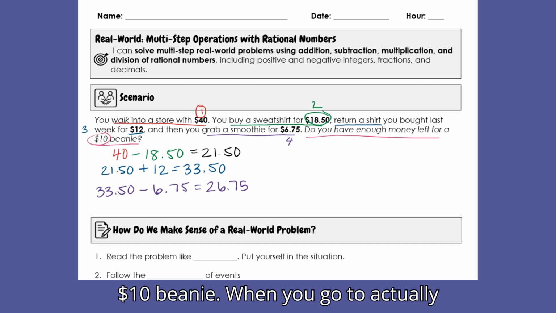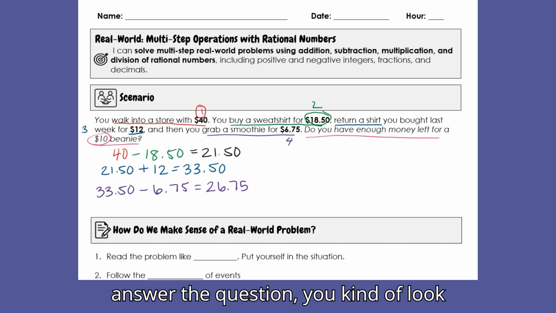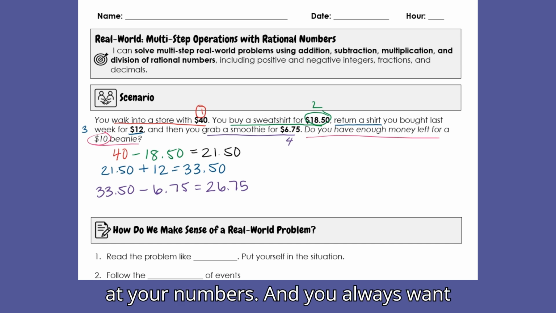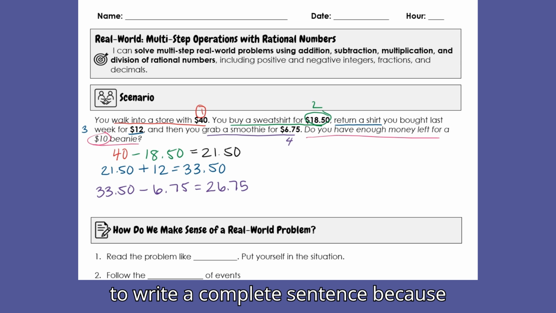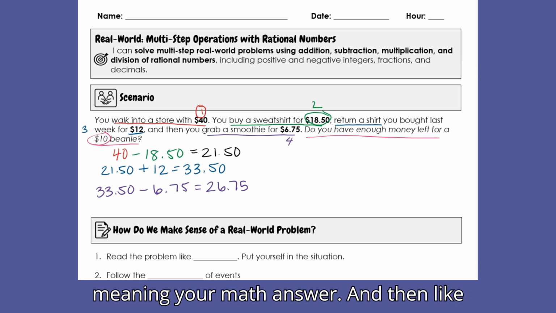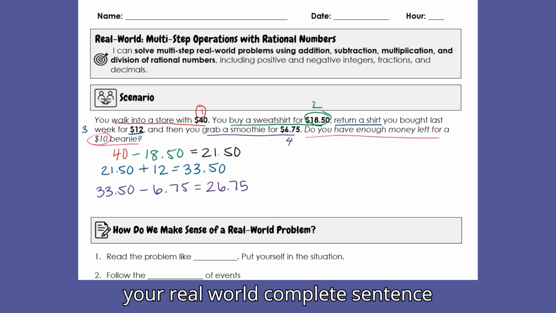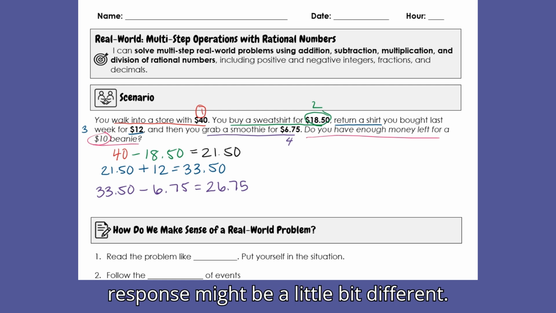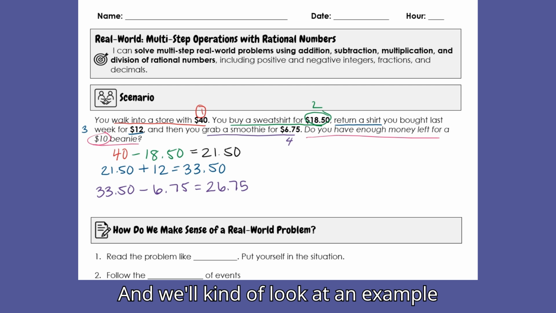When you go to actually answer the question, you look at your numbers and you always want to write a complete sentence, because sometimes your answer might change, meaning your math answer and your real-world complete sentence response might be a little bit different. We'll look at an example later.